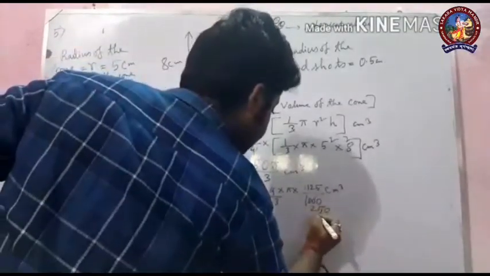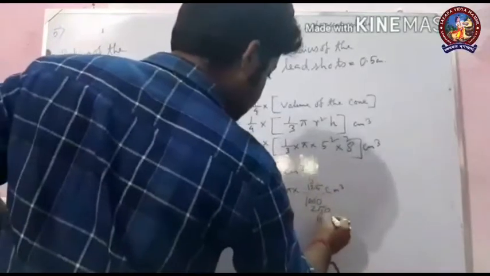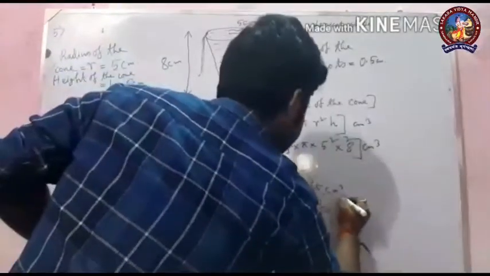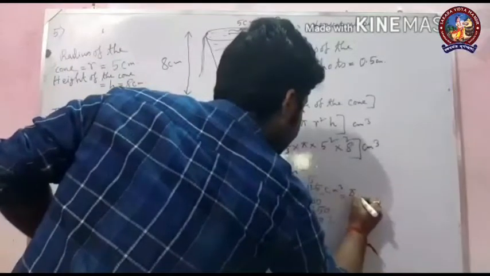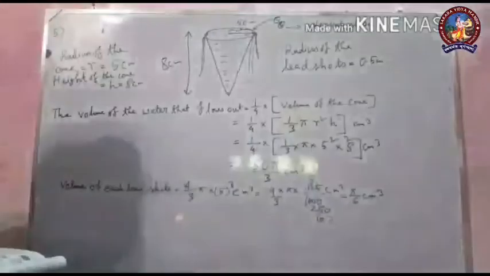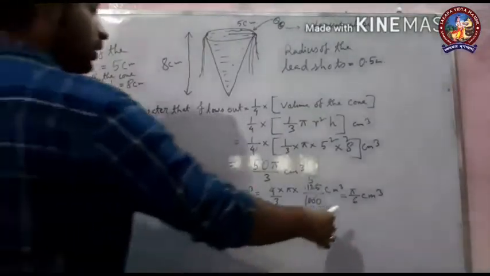From 25, it will become 10, 5, 2. So pi by 6 centimeter cube. This is the volume of one lead shot.